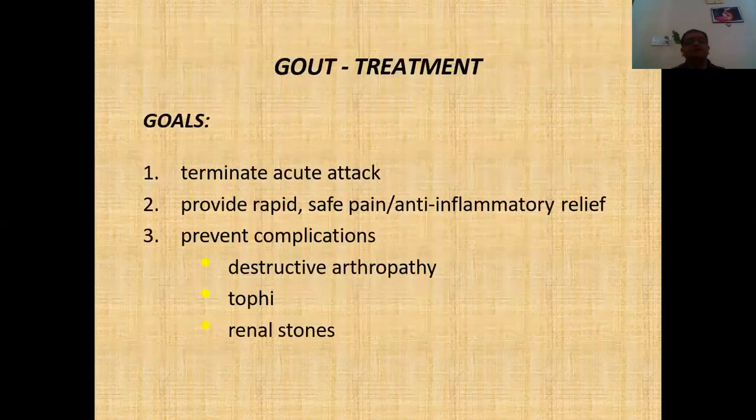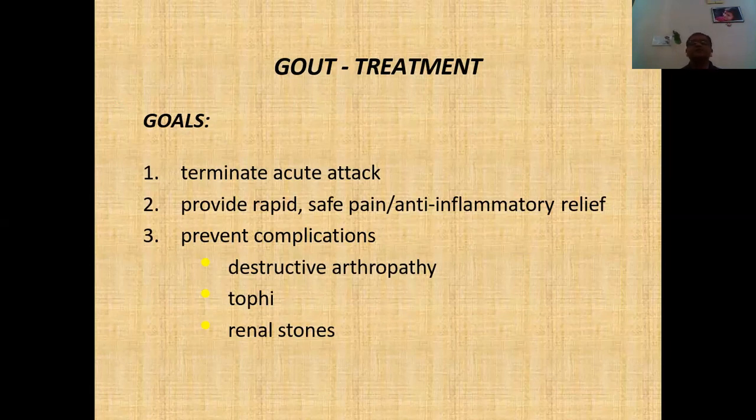Then treatment goals. Before giving a treatment, we have decided some goals. First, we are going to terminate the acute attack. The sudden attack is to be reduced, or firstly we give relief to the patient from the acute attack. Provide rapid, safe, anti-inflammatory relief.